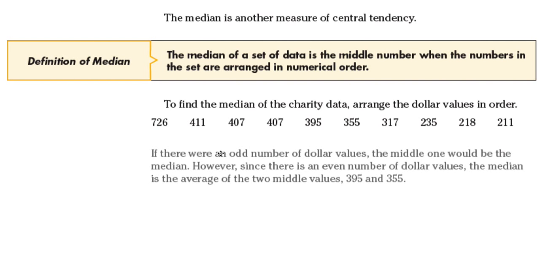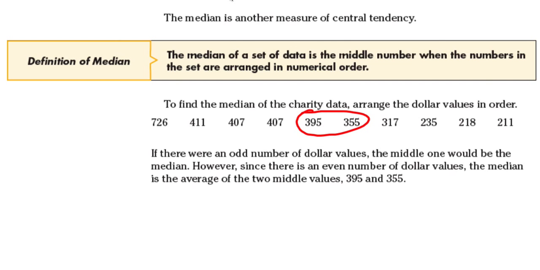So if there were an odd number of dollar values, the middle one would be the median. If there were 9 of these, the middle one would be the median right away. But since there is an even number of dollar values, the median is the average of the two middle values, which are 395 and 355.